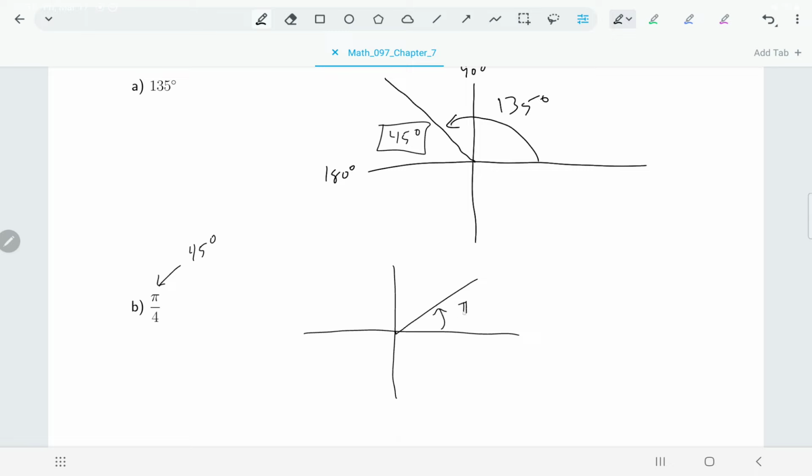So there is my angle, pi over 4. And our reference angle is just how far we are away from the x-axis. You're 45 degrees away from the x-axis if your angle is 45 degrees. So as it turns out, pi over 4 is its own reference angle. For the angle pi over 4, you are pi over 4 units away from the x-axis, so your reference angle is pi over 4.